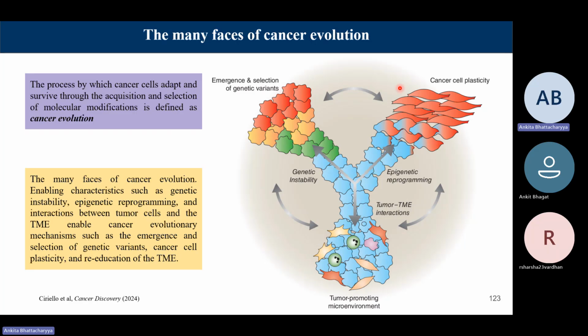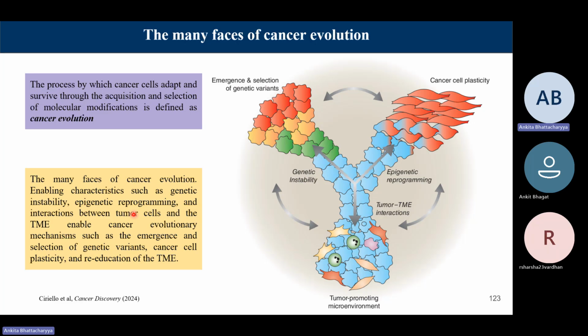These cells can also undergo this transition and lead to plasticity. These changed or altered transdifferentiated cells, transdifferentiation is part of that process where the cells gradually evolve from one lineage into another, like I just explained. And they can also interact with the tumor microenvironment, and then they can manipulate it according to their requirement.